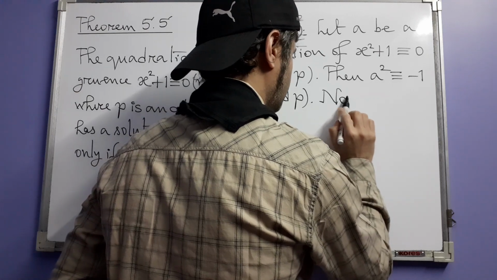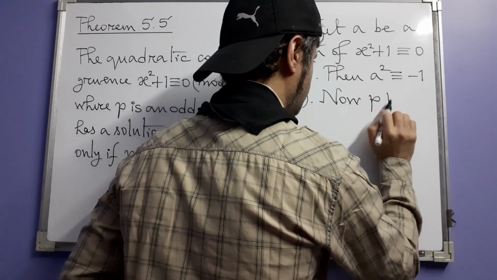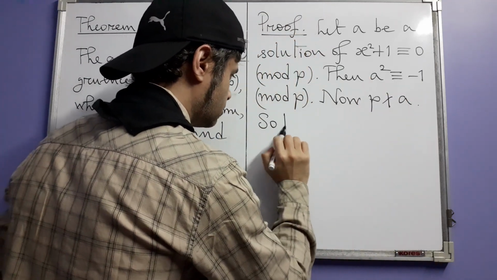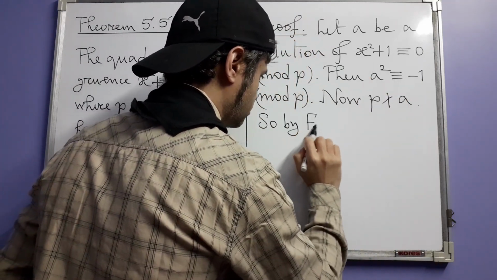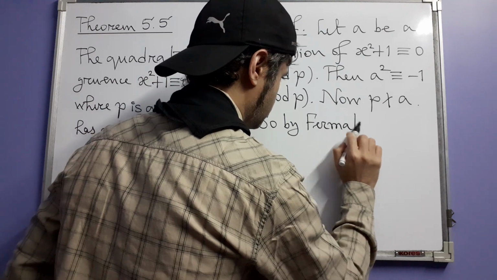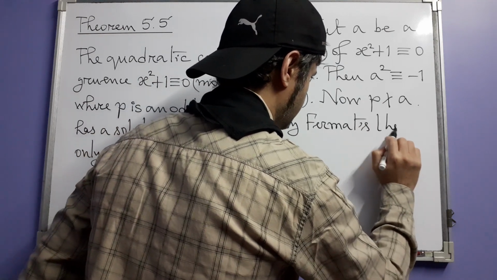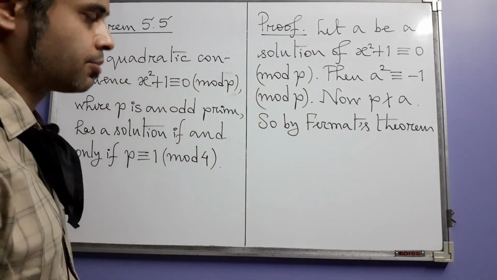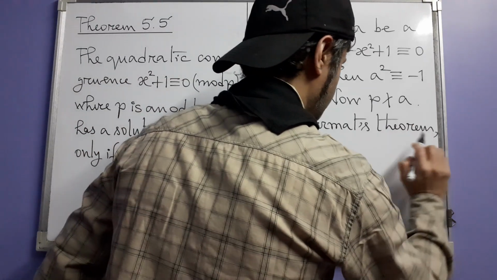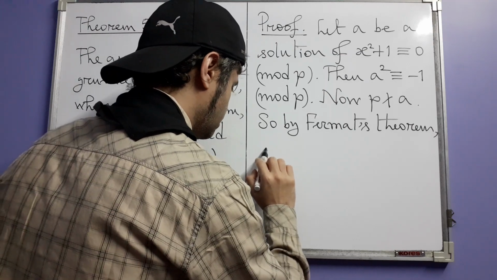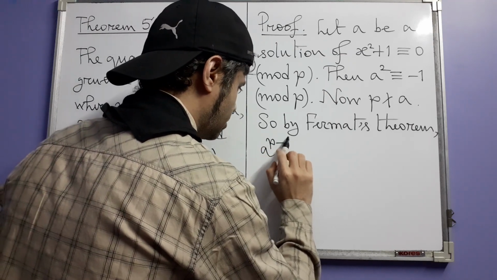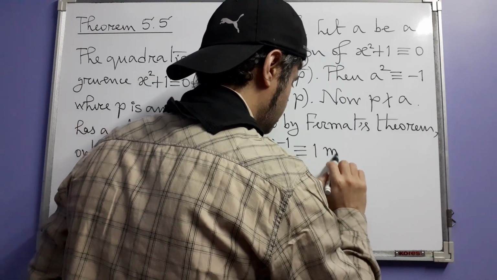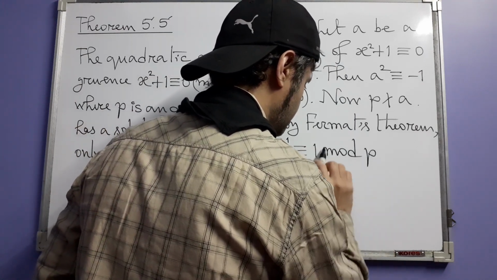Now, p does not divide a. So, by Fermat's theorem, so we see that Fermat's theorem is also being used, but that's not a problem. a to the power p minus 1 will be congruent to 1 modulo p.